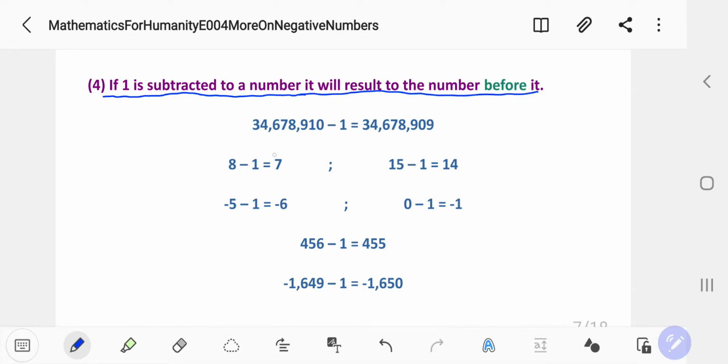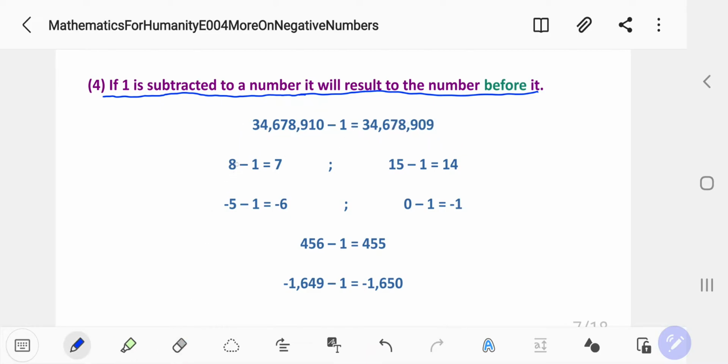So in this case, this is a very big number here. 34,678,910 minus 1 will give you 34,678,909. This one is 1 less than this number. So maybe you will not appreciate that. Let's go to a smaller number.